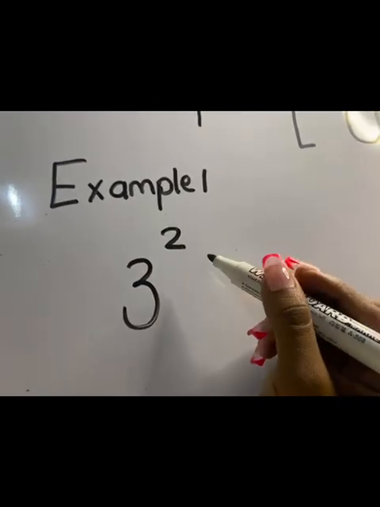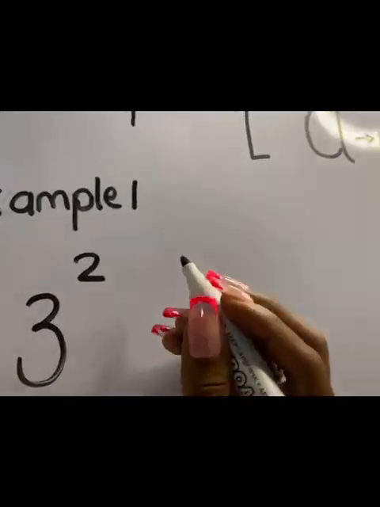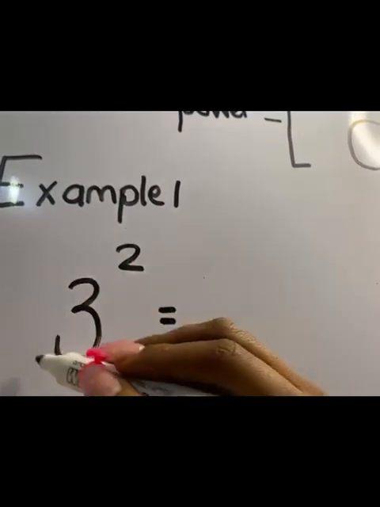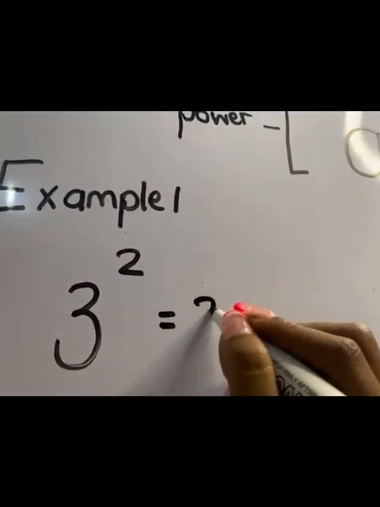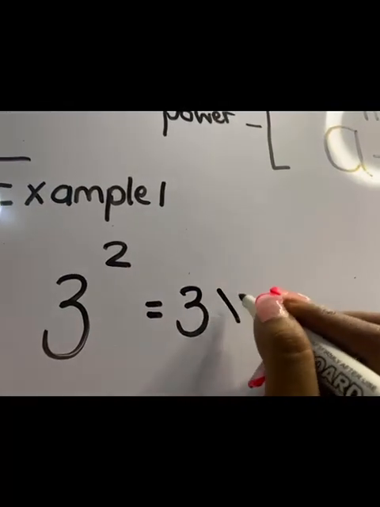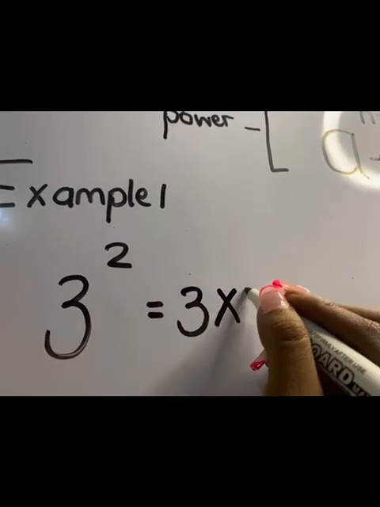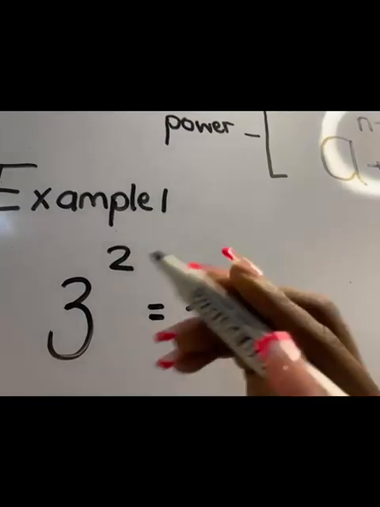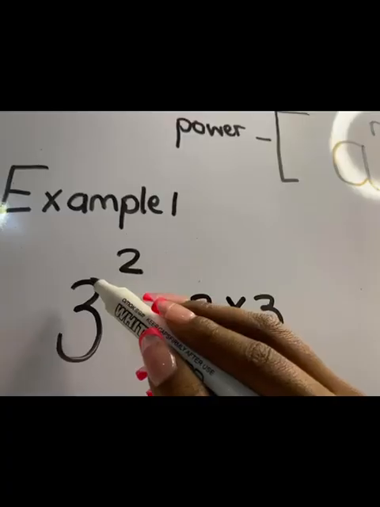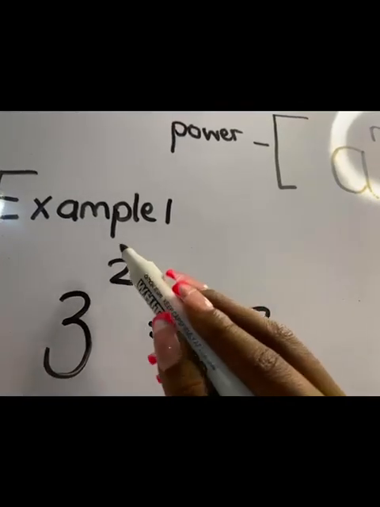That's how we read it. Now, what does this mean in mathematics? It means that this 3 is multiplied by itself 2 times. So it's not 3 times 2, but it's actually 3 times 3, meaning the 3 is multiplied by itself how many times? The exponent times.